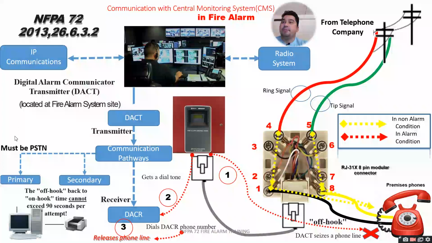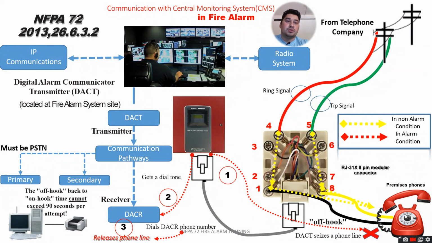As you can see, there is IP communication, the digital alarm communicator transmitter, the digital alarm transmitter located at the fire alarm system site, and after that communication pathways and digital alarm communicator. Then secondary is here: the off hook back to on hook time cannot exceed 90 seconds per attempt, and must be PSTN and primary. So this is the complete diagram of the central monitoring systems.